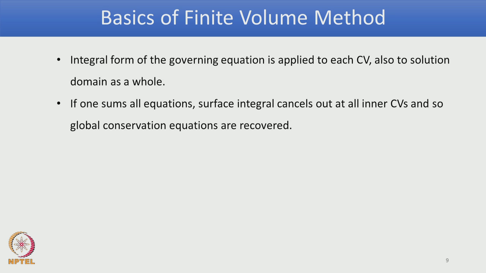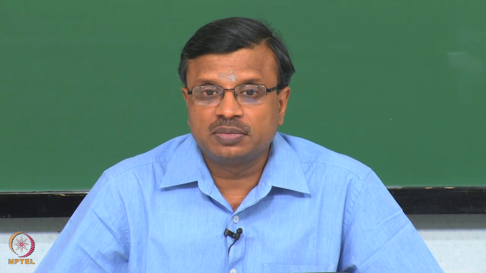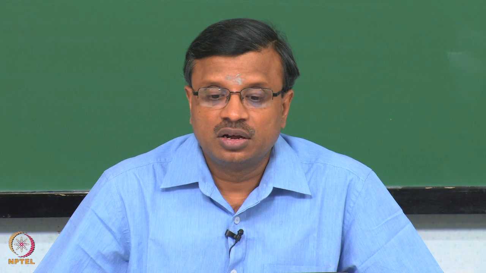If there are two adjacent control volumes, they represent the same quantity. For control volume 1 it may be flux going out, and for the immediately adjacent control volume 2 it may be flux going in.